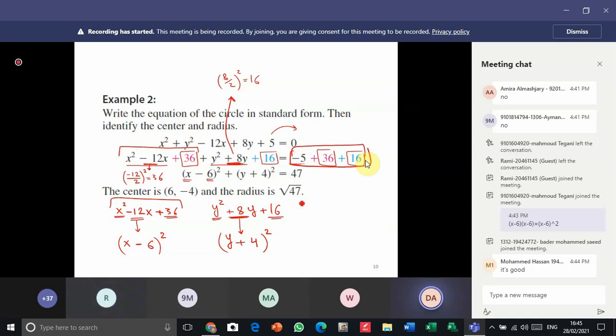So the radius equals radical 47 and the center equals (6, negative 4).